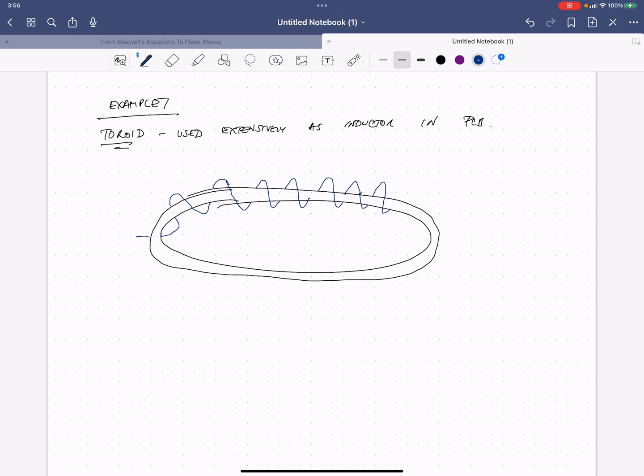So it's like some kind of dielectric with a wire wrapped around it.